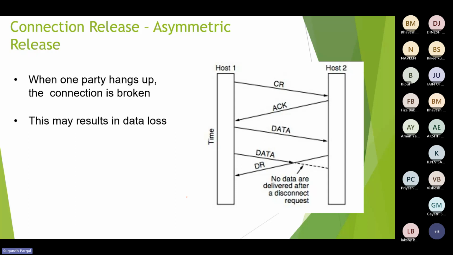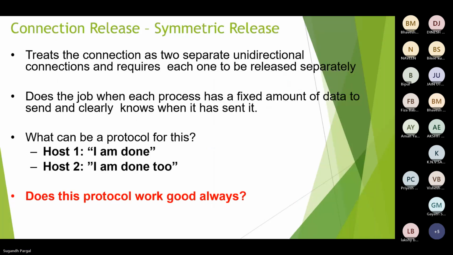So for the symmetric release of the connection, we treat the connection as two separate unidirectional connections, which requires each one to be released separately. This does the job when each process has a fixed amount of data to send and clearly knows when it has sent the data and when it is done.